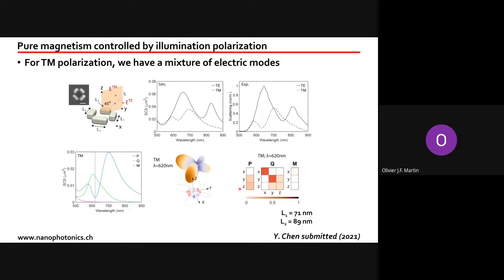So it's possible to have a system in which you produce light that is scattered just like magnetic light. And this is done with a metallic system, so a plasmonic system, which normally has a response which is dominated by the electric effect, not the magnetic effects.